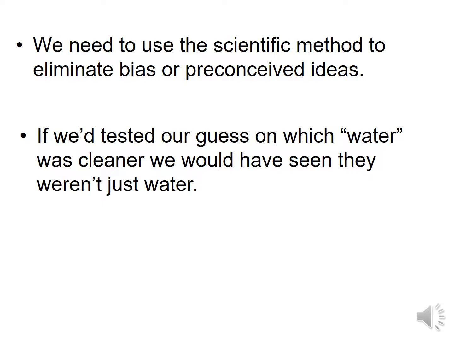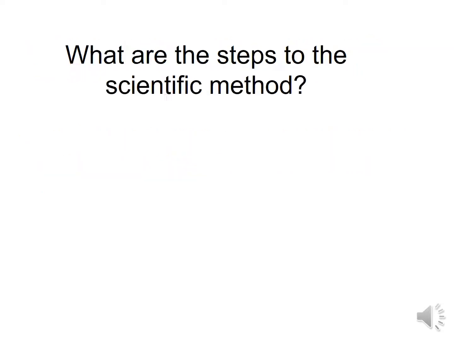We have to pull back from our biases and use a more systematic way. So we're trying to be logical here and not simply use our preconceived notions to guide us. If we tested our guess on which water was cleaner, we would realize they're not just water. One of them was salt water at an ocean resort somewhere, and the other one was in fact Windex.